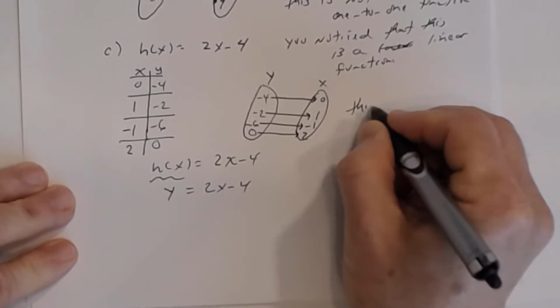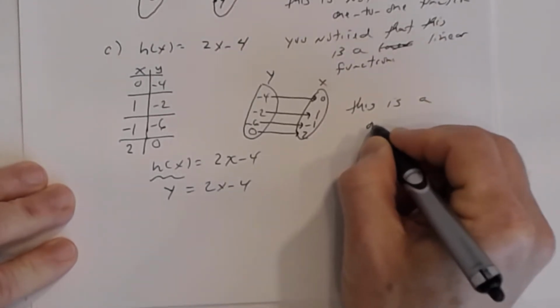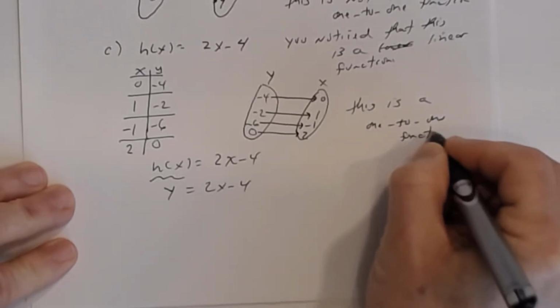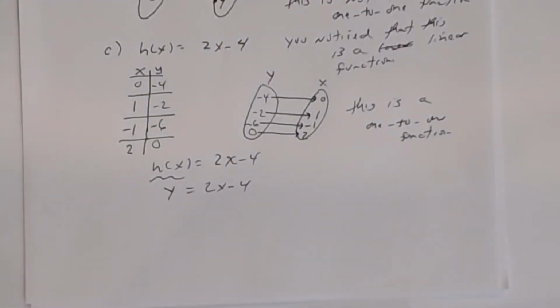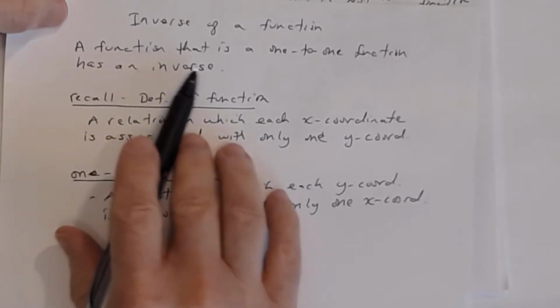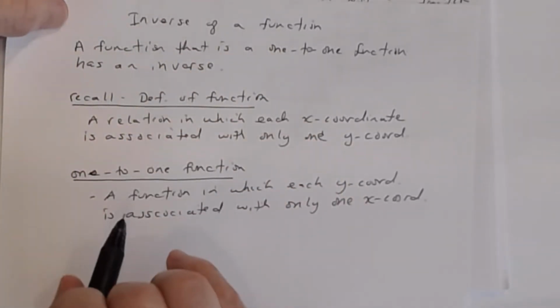So this is a one-to-one function. Now that's going to be important. The fact that it's a one-to-one function means that it has an inverse. We're going to talk about that in a little while. A function that is a one-to-one function has an inverse, and that's what we saw earlier.